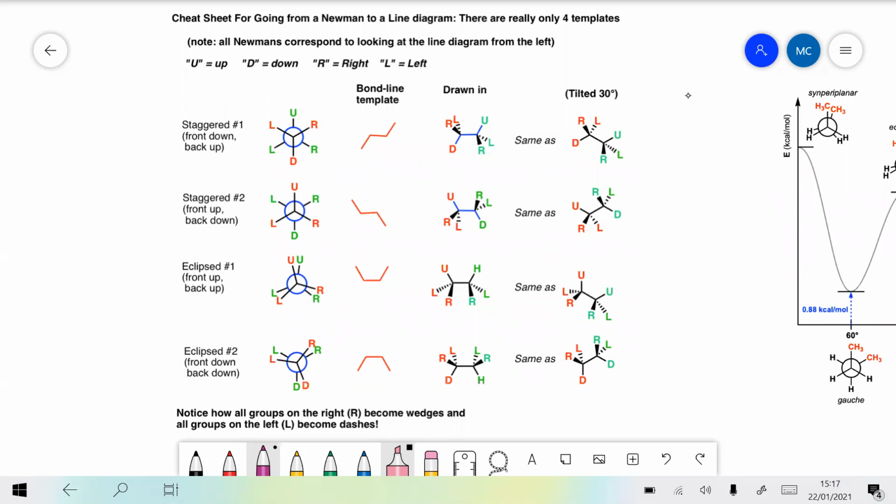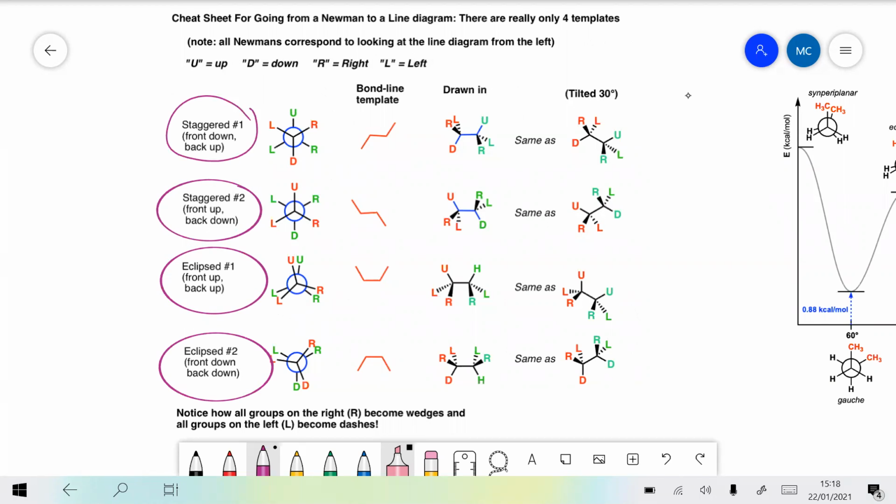And for me, these two, for example, are exactly identical. These two as well. But it's giving you different ways you might have been able to draw these bonds.